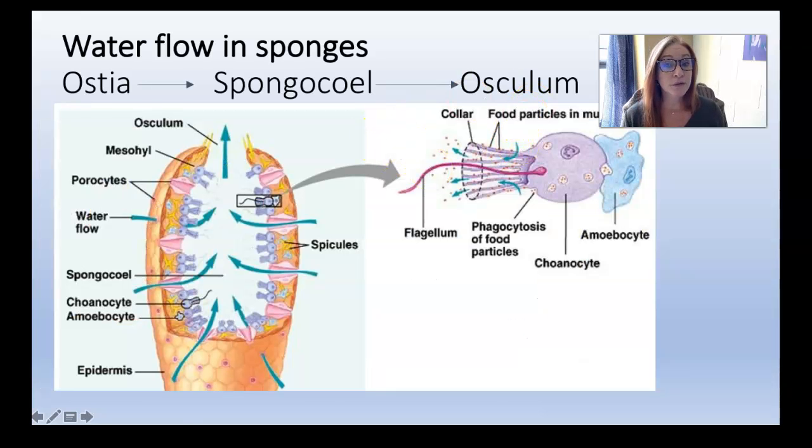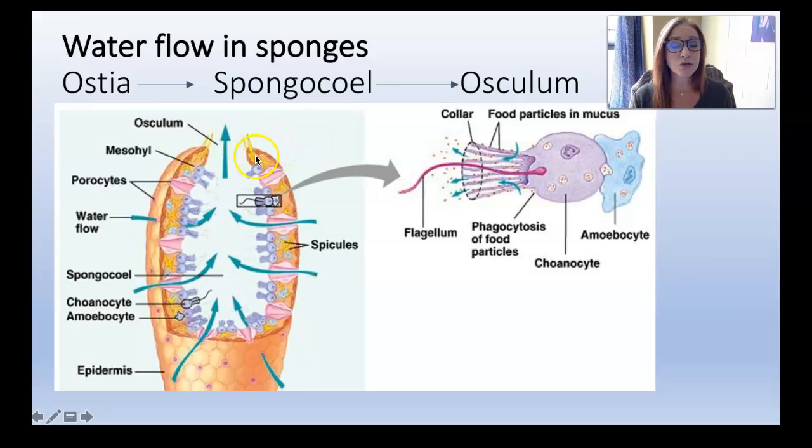So how does water flow through a sponge? As those collar cells are whipping their little tails like crazy, those flagella are beating and beating. The current of water flows in through the porocyte, so it goes in through the ostia into the canal, and then there are internal chambers in the sponge, whether it's one big one or lots of little chambers.